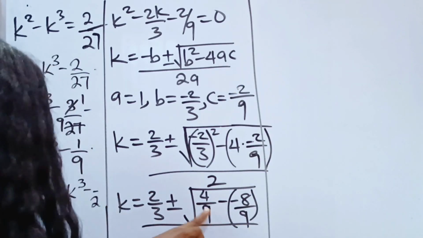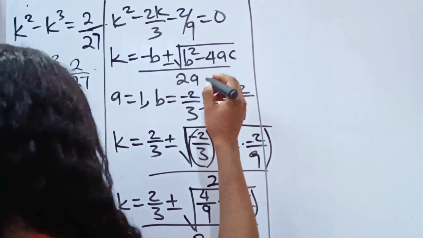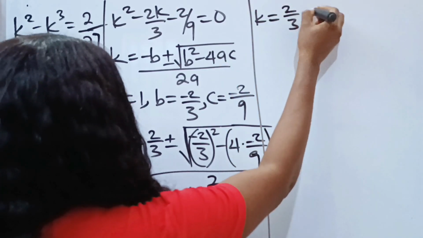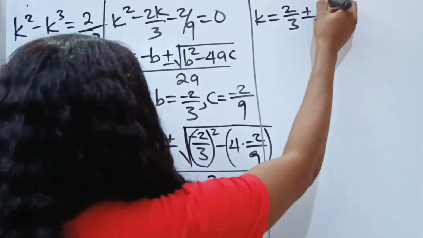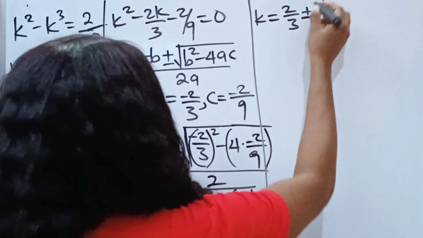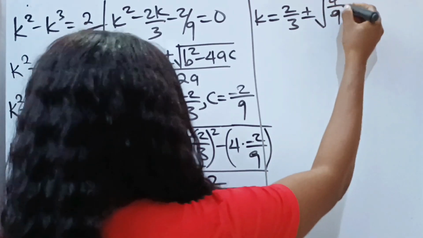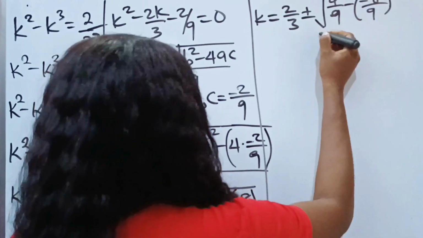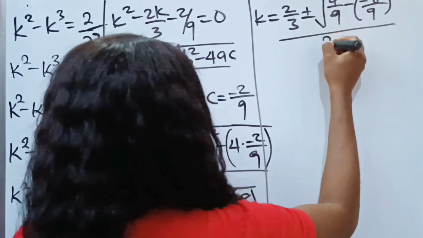So let me rewrite what we have here, because I don't know if you can see everything. So that means our k is equal to 2 over 3 plus or minus the square root of, I'm repeating what we have here, 4 divided by 9 minus 8 over 9. Now everything divided by 2.